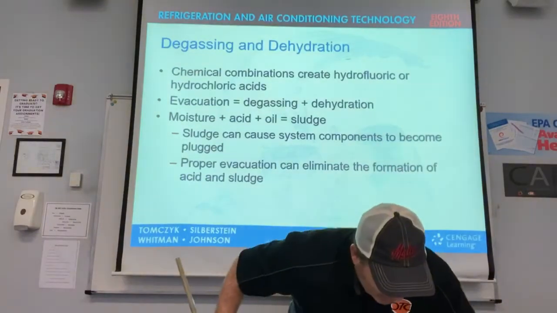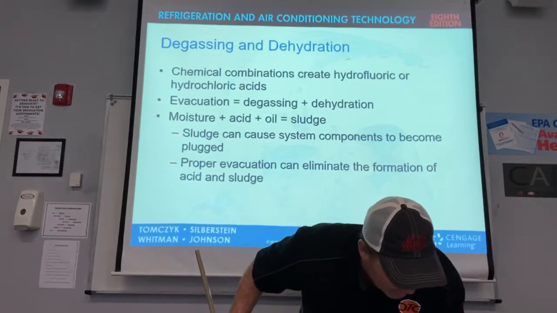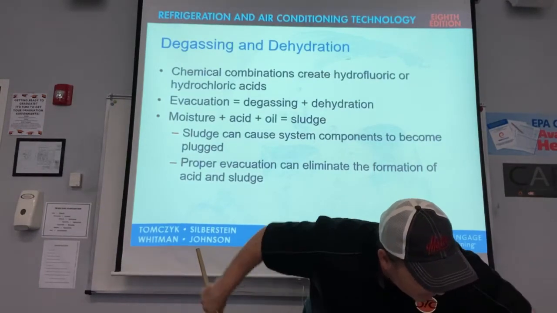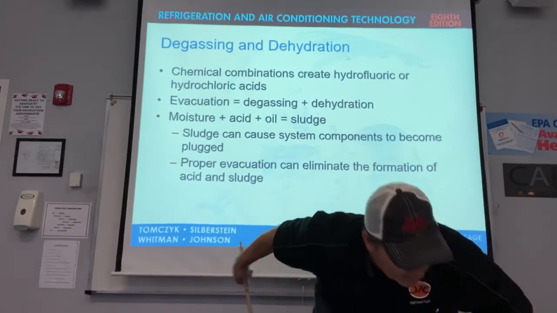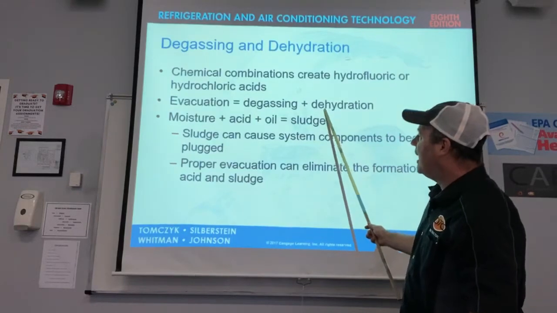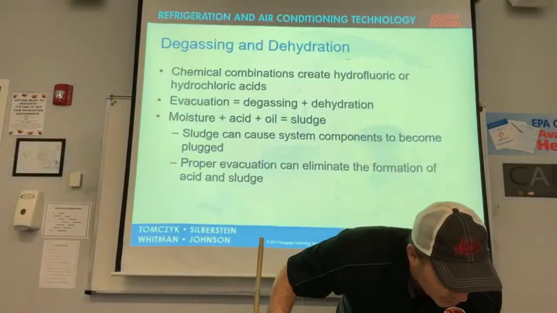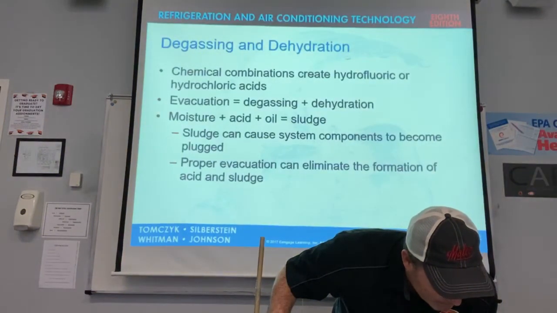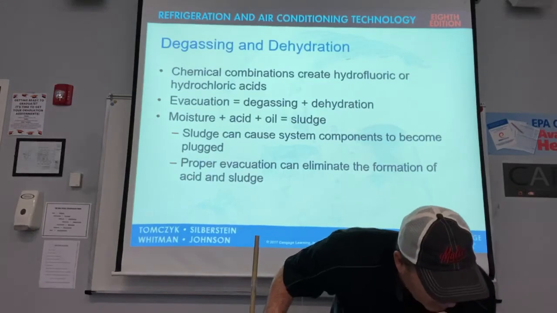Now your book says on page 200, when water vapor enters the system, it becomes an acid. Now what happens when you have all of these together? On page 200 in your book it says you create something called sludge.